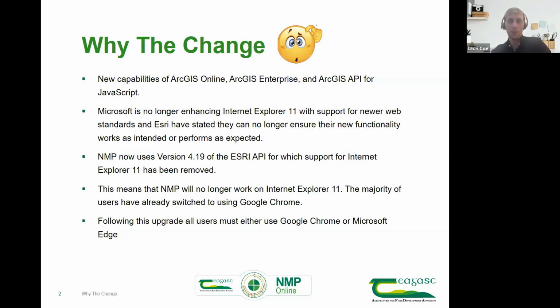But following this upgrade, everyone has to use Google Chrome or Microsoft Edge to get the performance out of the NMP mapping system. It's no longer there on Internet Explorer. So from now on, all your mapping and facilities are only available on Chrome or Microsoft Edge.